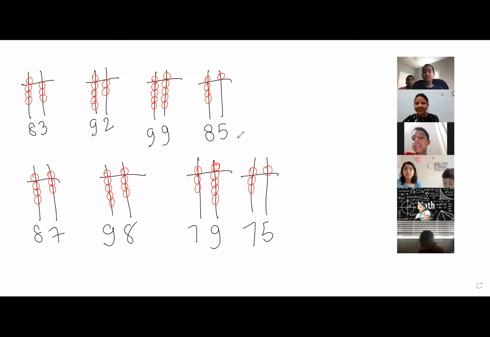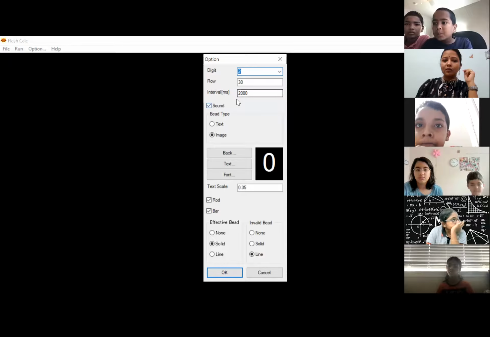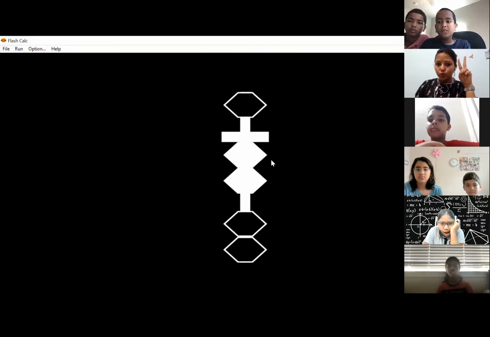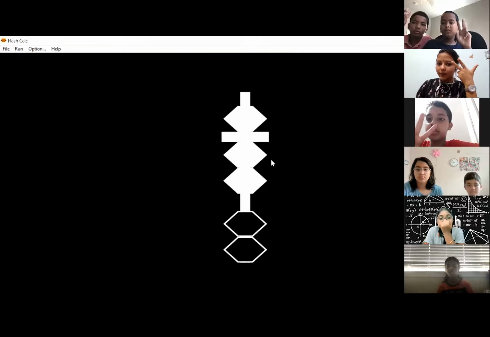Right? Yeah. So now I'm just sharing one software in front of you. And you have to tell me the numbers. You have to read the numbers and make the numbers on your hands. See, this is the software. It is a single digit number of rows 30. See, numbers will flash in front of you, like 2, 7.